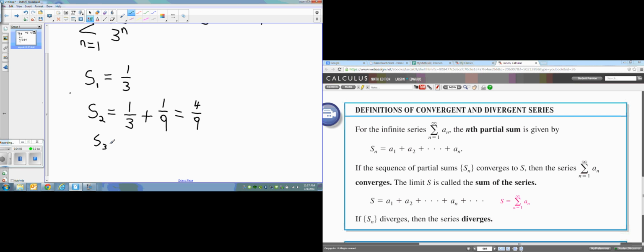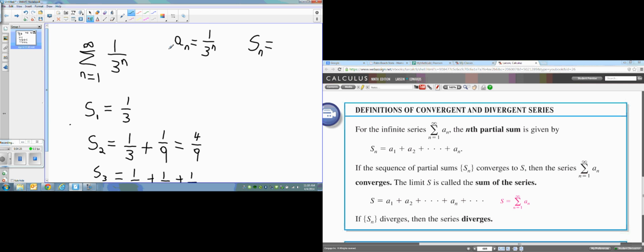So the third term, S3, would be 1/3 plus 1/9 plus 1/27. You see, each term in this series, which is the sum of the terms of this sequence, is one of these numbers, either A1, A2, A3.